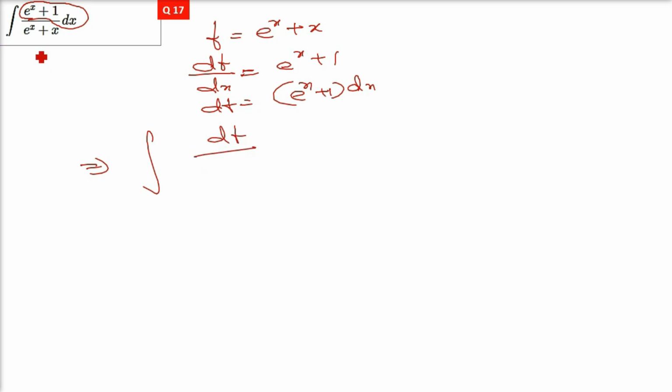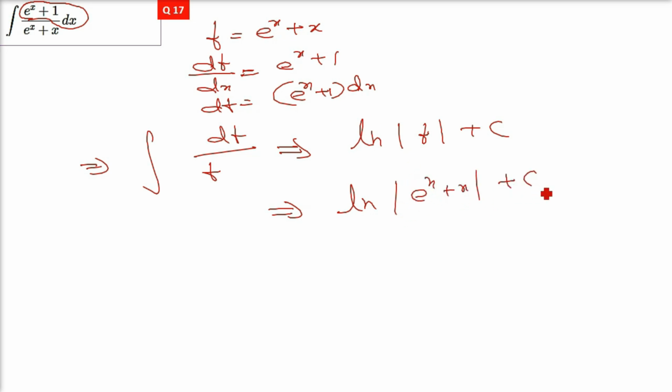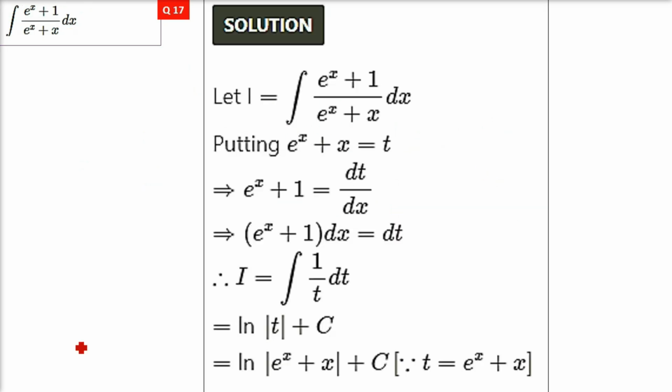The denominator is e raise x plus x, which is t, and the result will be log modulus of t plus c, ln basically. What will be t? This t you assumed to be e raise x plus x, so just replace it, ln of e raise x plus x plus c. This is your answer. So what is the result? This is your result. Okay.